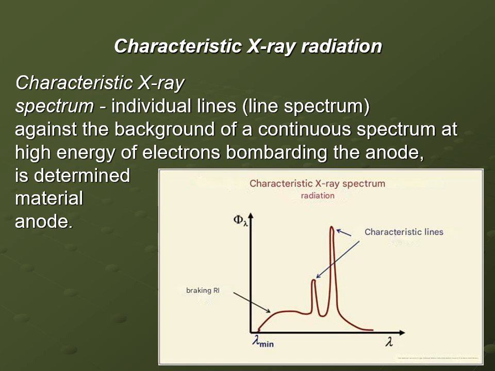Then the energy of the photons of the X-ray radiation will be greater, and the energy of the electrons will also increase. That is, the electrons acquire more energy. With more energy, they are introduced into the working substance of the anode, and at the same time, electrons are knocked out of the inner layers.